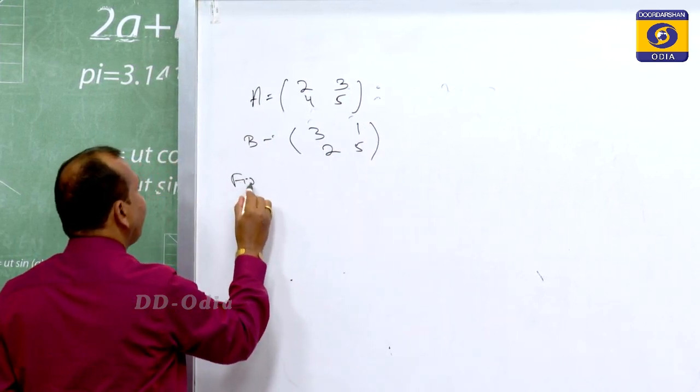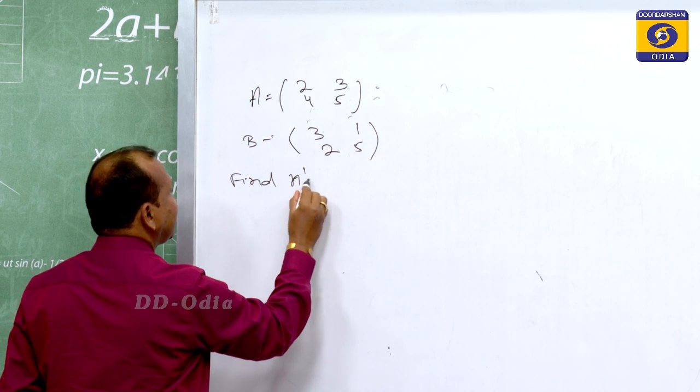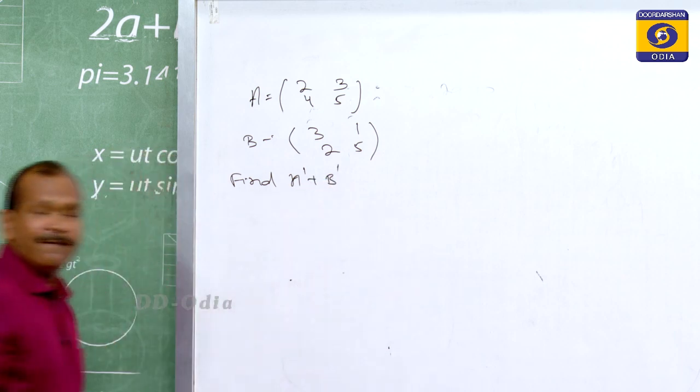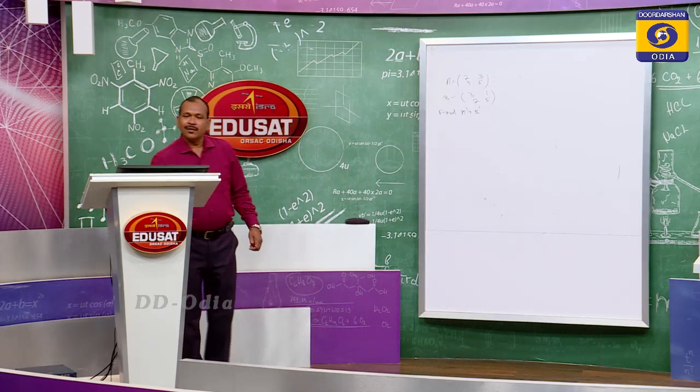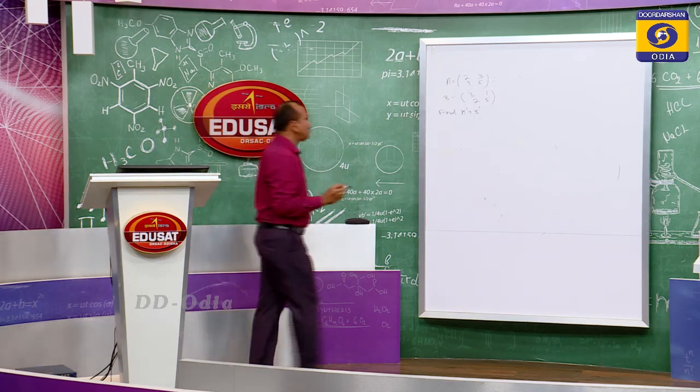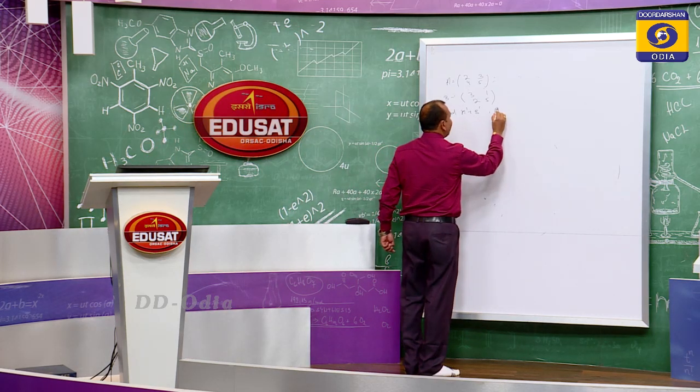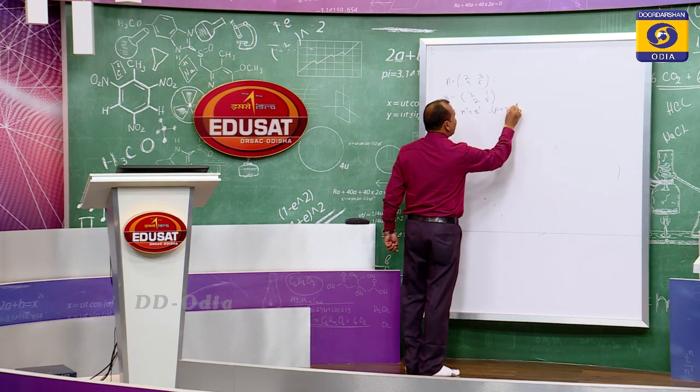Find A dash plus B dash, (AB) dash, (A plus B) dash, etc.